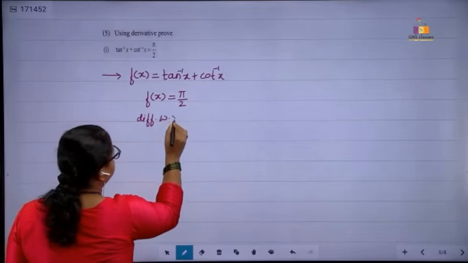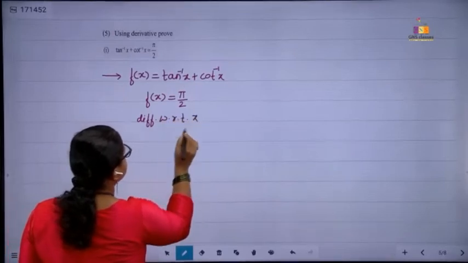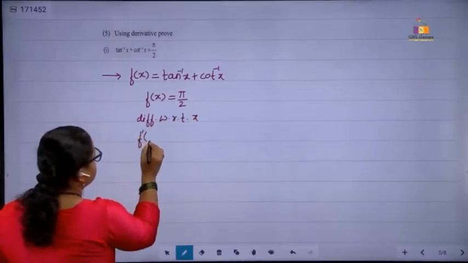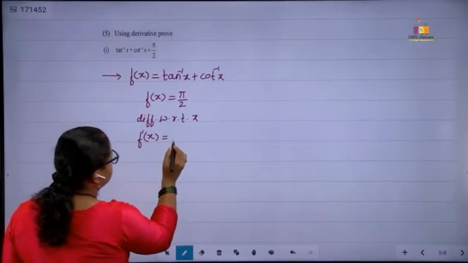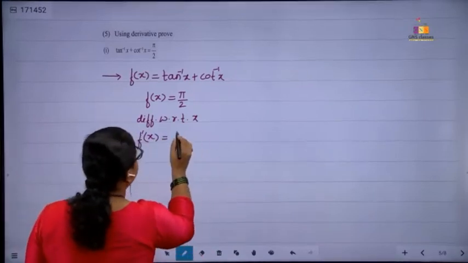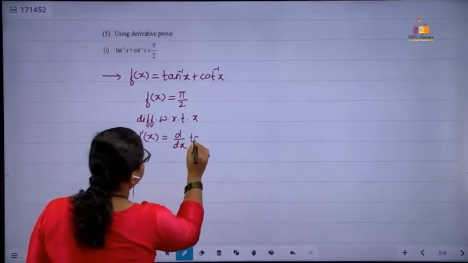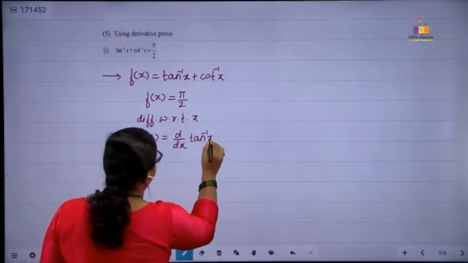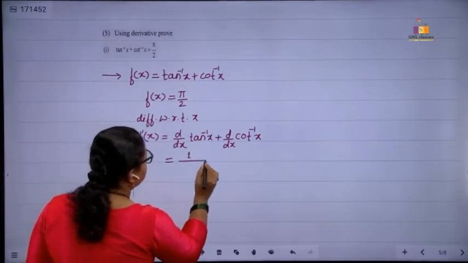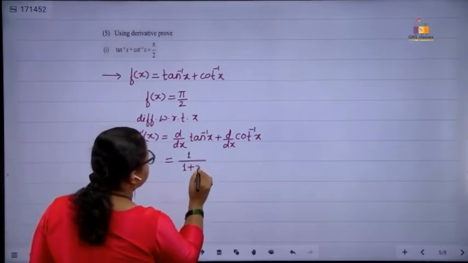Differentiating with respect to x. LHS f dash of x is equal to d by dx of tan inverse of x. Tan inverse x derivative is 1 upon 1 plus x square.